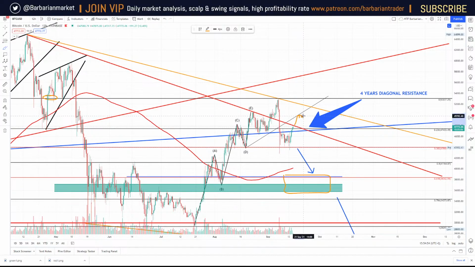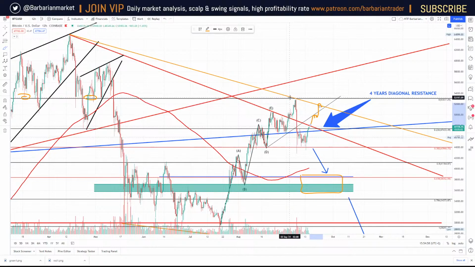So we might have some choppiness and we get here. Look, this was the first test, right? Possible to go again here, right? Then break it. And if we break this one and test the support, then yes, I will take a long and possibly look at this area.